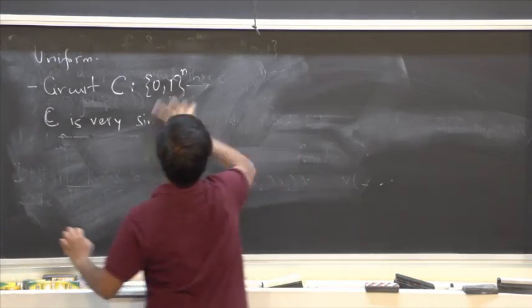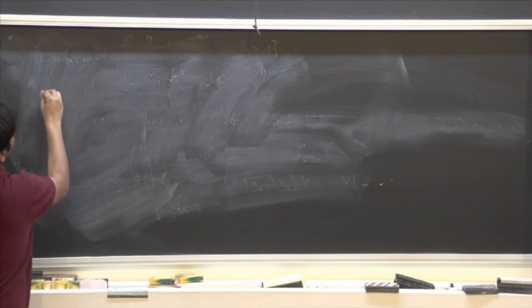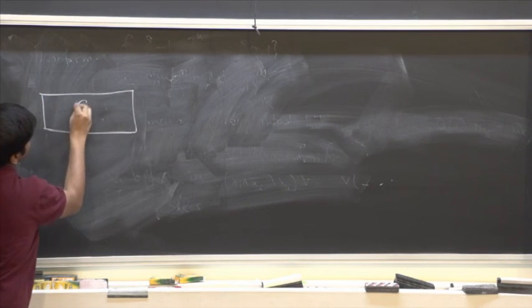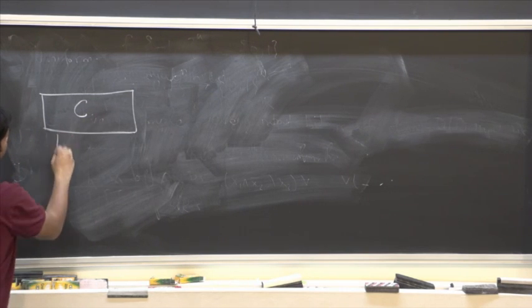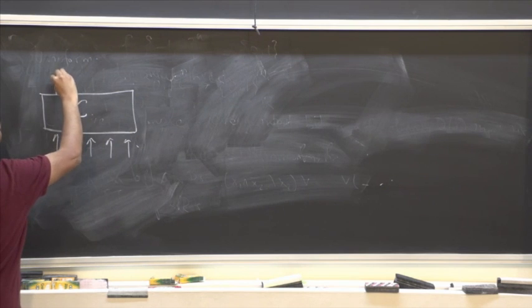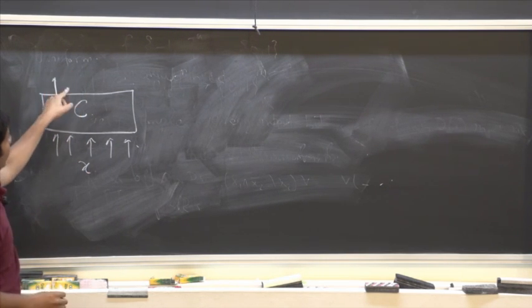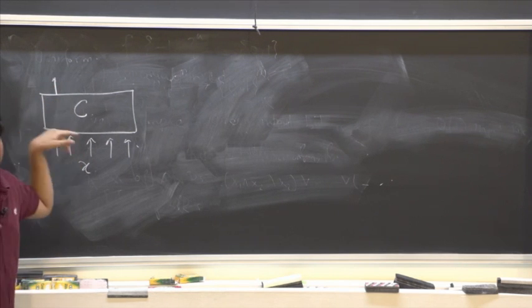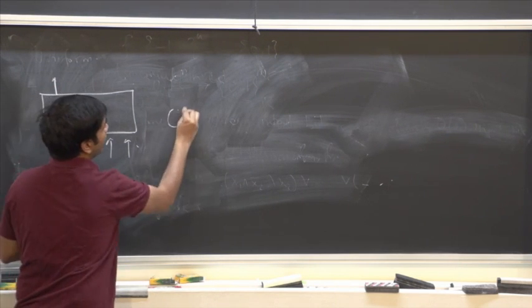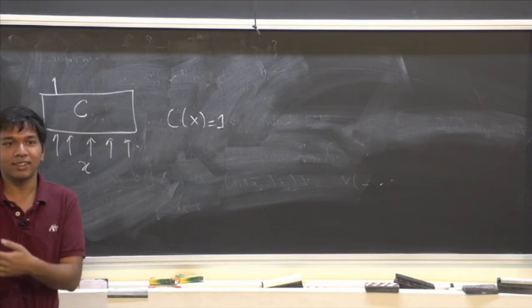Okay, so meaning that there is a circuit C, it's fed in uniform random bits, so it's fed in some input x, and the input only comes out if C(x) equals 1. Okay, so you reject depending on whether C(x) is 0 or 1.